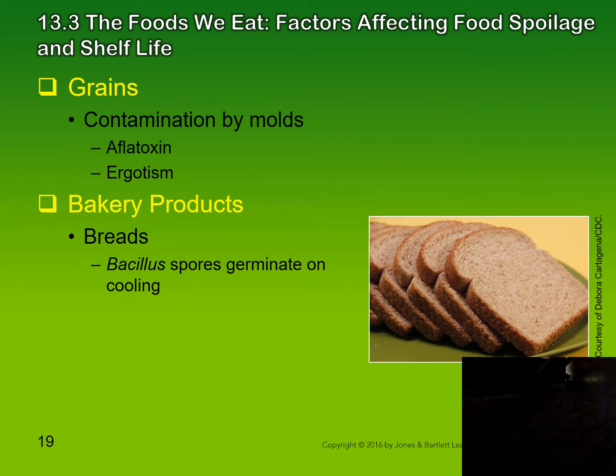Bacillus species can be contamination of bread, and things like cream fillings, so cream filled donuts, something like that. The cream filling is going to be very high in water content, and so it's going to be an even bigger source of rottage.